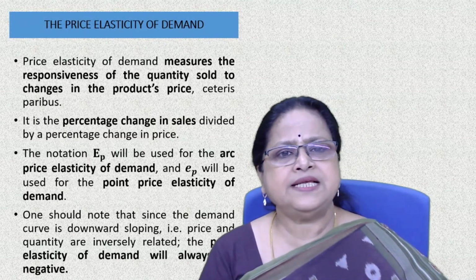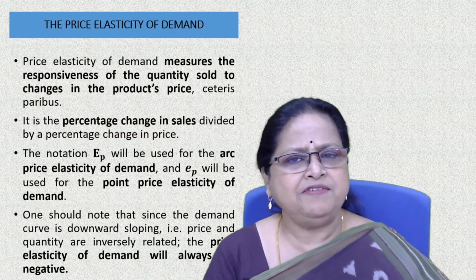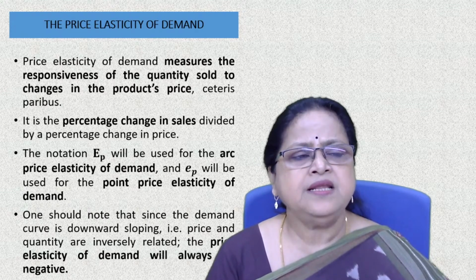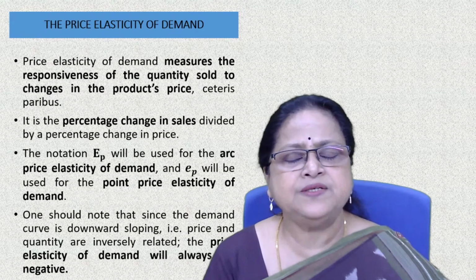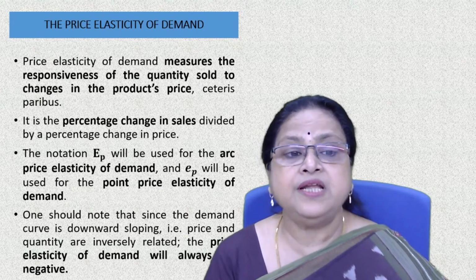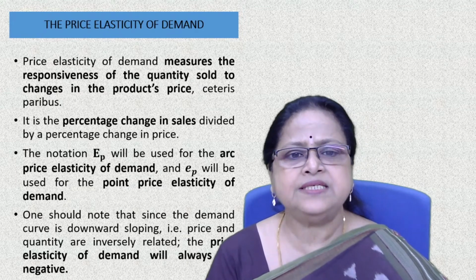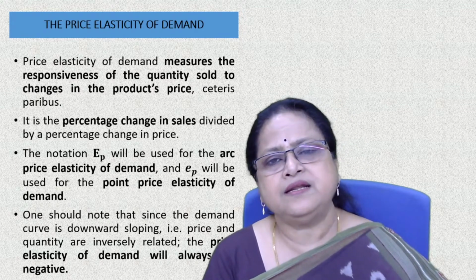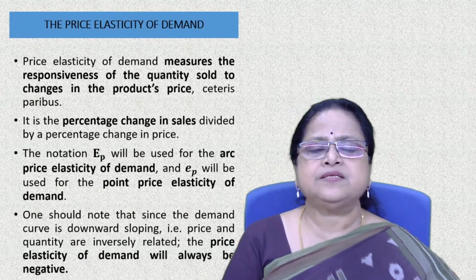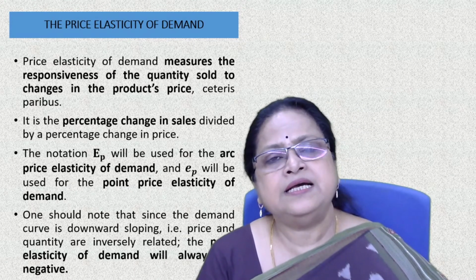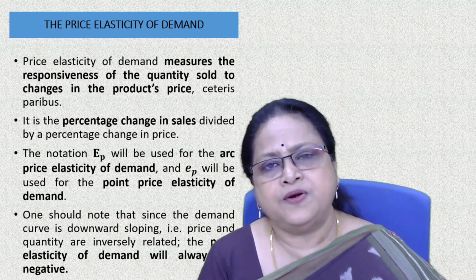Now, price elasticity of demand. You must all be familiar with the price elasticity of demand. Let us discuss it again. Price elasticity of demand measures the degree of responsiveness of the quantity sold to changes in the product's price, ceteris paribus. Since here we are discussing managerial economics, quantity sold in the market is actually influenced by the product's price.